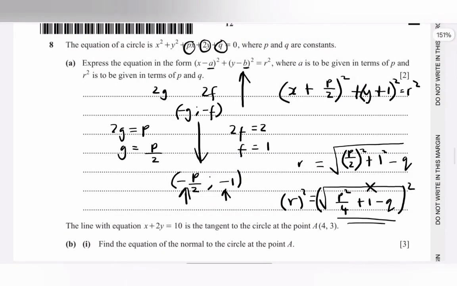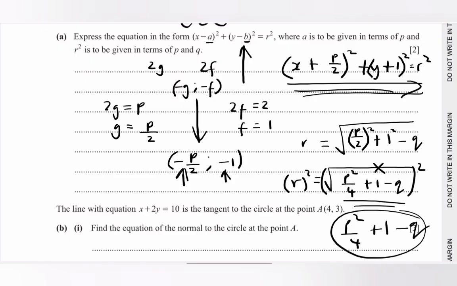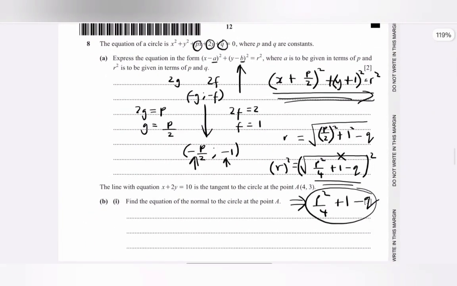So we're going to just write this is equal to p squared over 4 plus 1 minus q. So we write this is equal to this, and that should be it for part A.